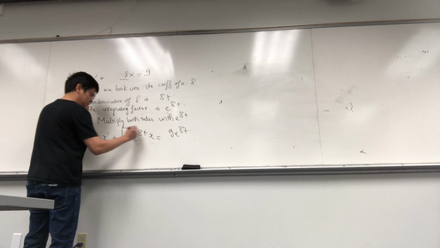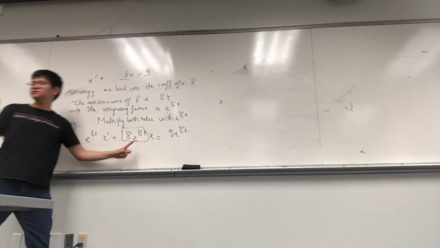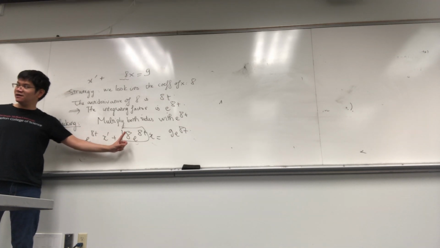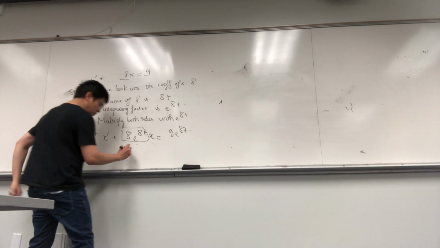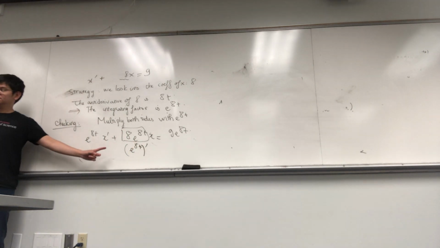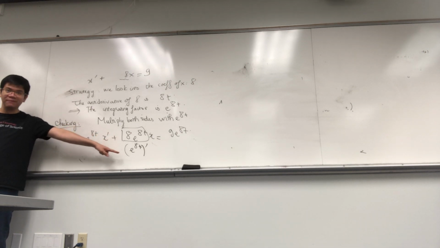Well, what is this? Yes? With those two, it's essentially the aftermath of the chain rule of the quantity e^(8t) times x. Right. Can you stay at the back of the paper, please? So this is the product rule, right? Not chain rule. So here you're gonna need the product rule. So 8 e^(8t) will be (e^(8t)) prime.